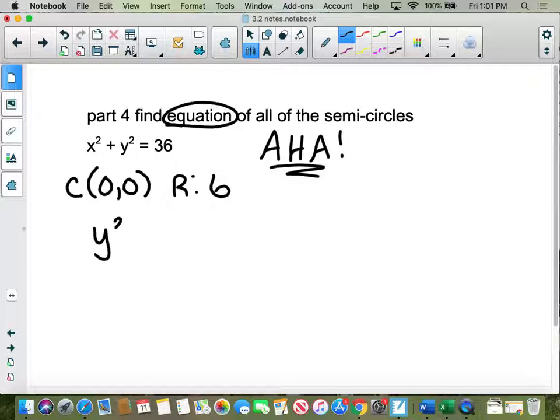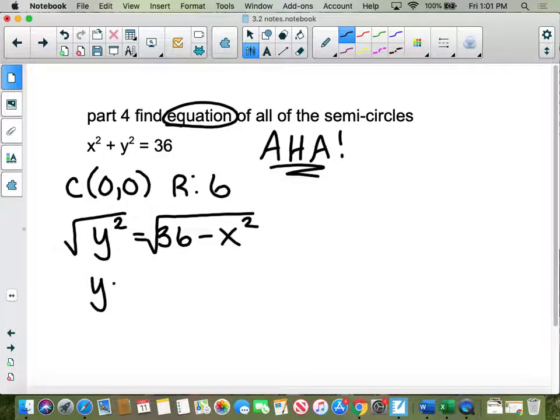Y squared equals, if I want to get y squared alone, subtract x squared from both sides. 36 minus x squared. We still need to get y alone. Right now we have y squared. What do we have to do to both sides? Square root. Anytime you square root in math, what do you always have to remember?